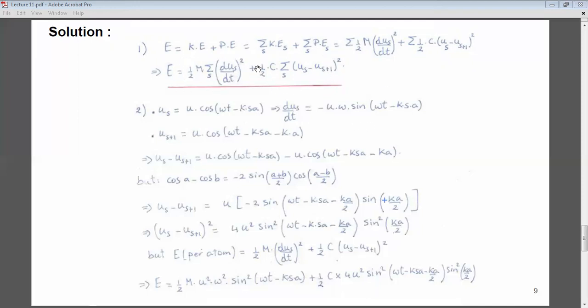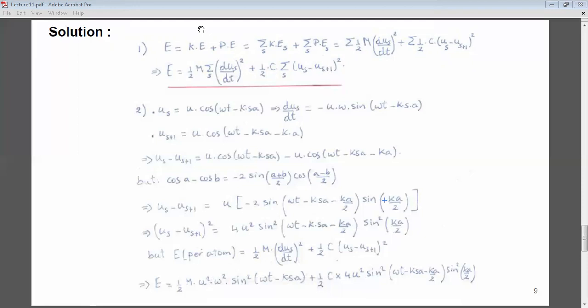From the potential energy, I will have half c into US minus US plus 1 square, which is here, and this will give me half c times 4u square sine square omega t minus KSA minus KA times sine square of KA over 2.